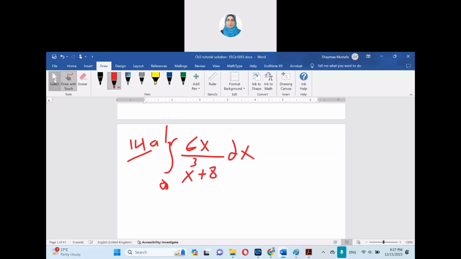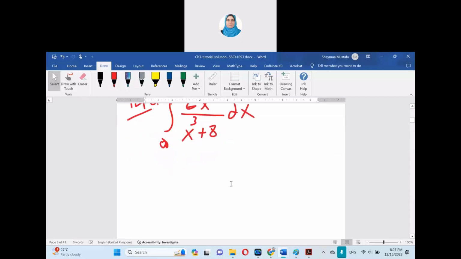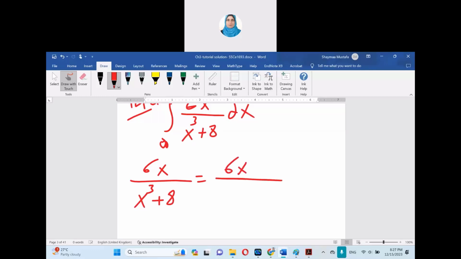Now we need to first use the partial fraction method. 6x over x cubed plus 8 is equal to 6x over... Now this one is the addition of two cubes. So by using the formula for addition of cubes, this is x plus 2, x squared minus 2x plus 4.